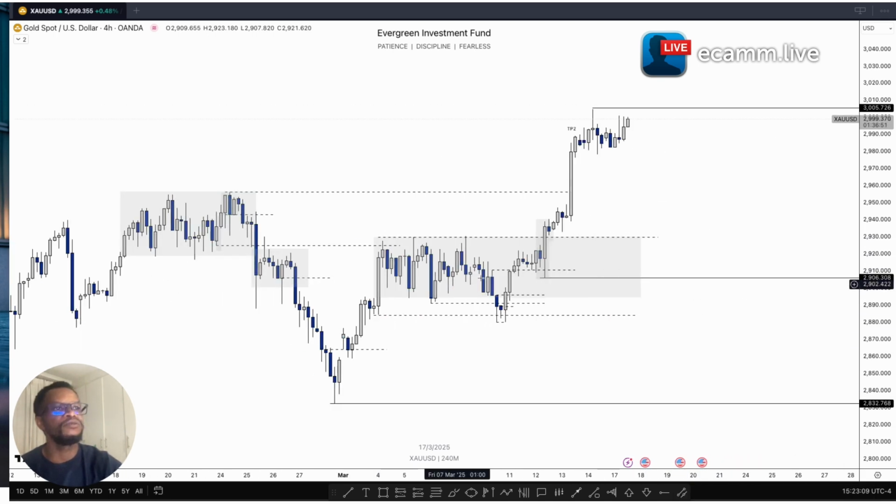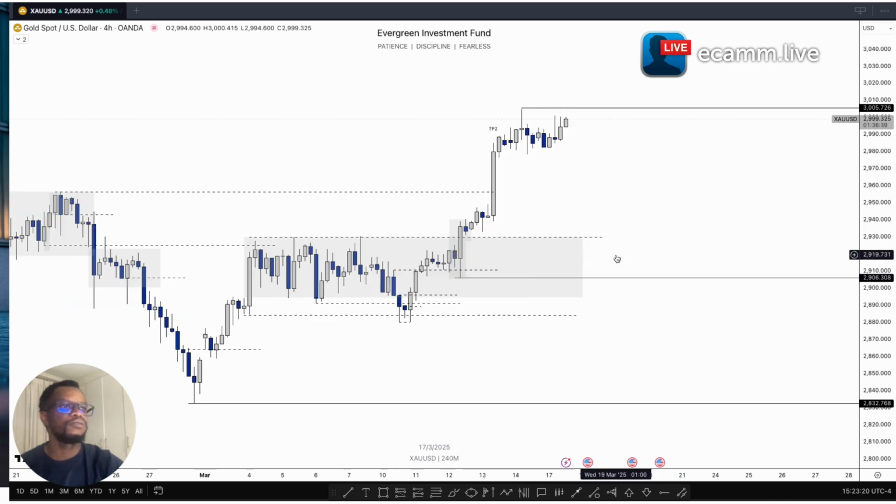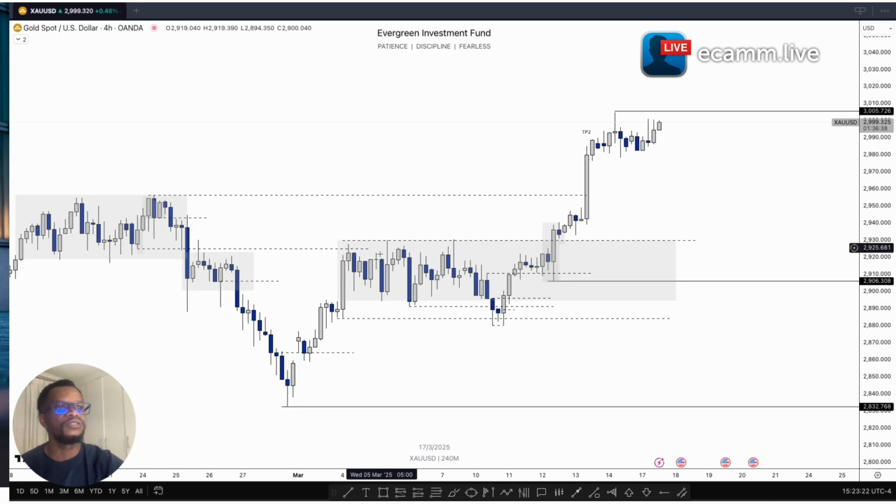So I just want to dive into this one because I feel like this represents exactly what I'm talking about. If we jump into this block over here, you can see price consolidated for quite some time. It dipped below, and then there was a true move. So this becomes a demand zone, right?